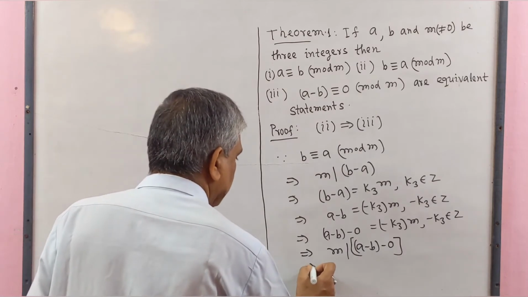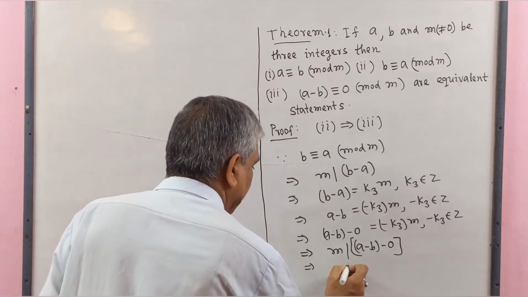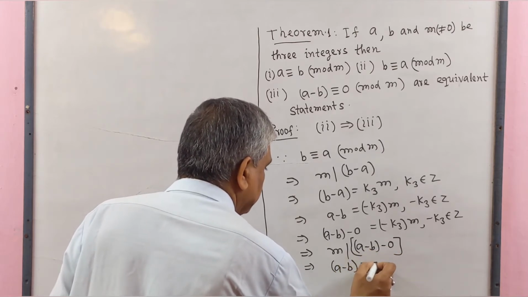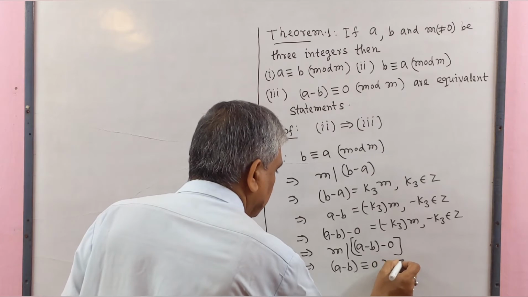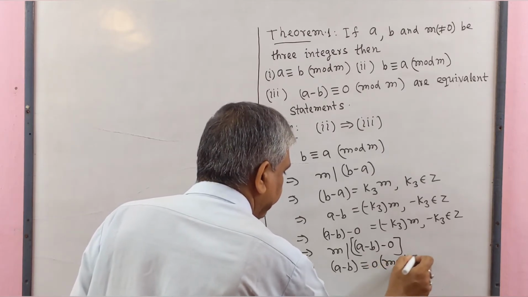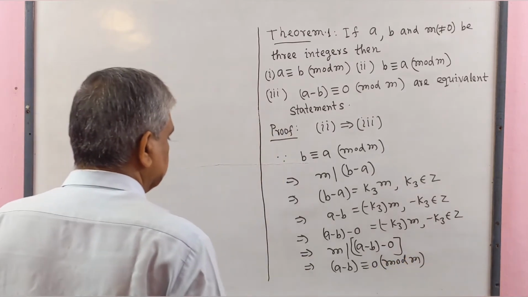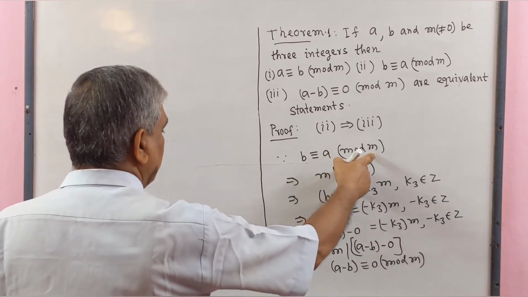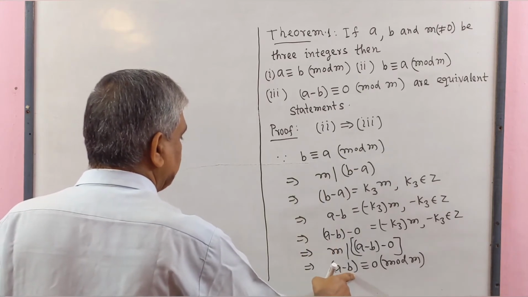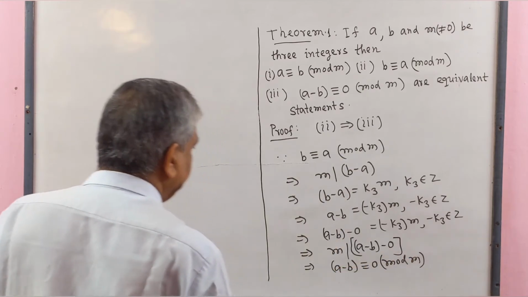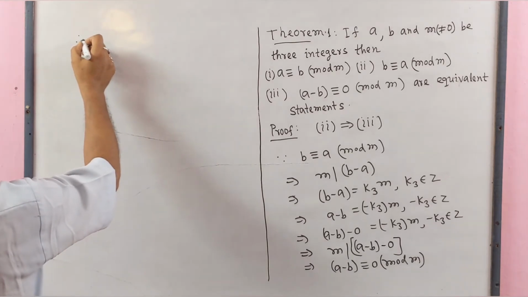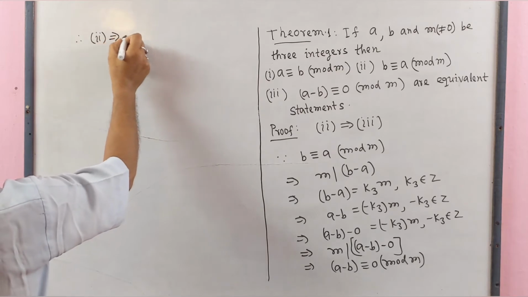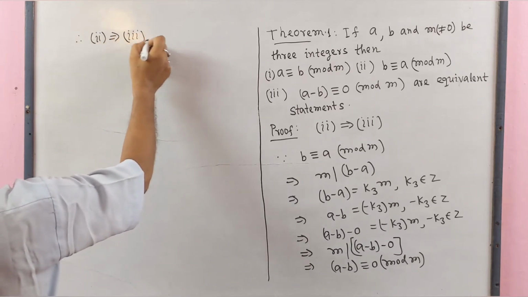This means a minus b is congruent to 0 modulo m. Therefore, we get b congruent to a modulo m implies a minus b congruent to 0 modulo m. Therefore, 2 implies 3. Proved.